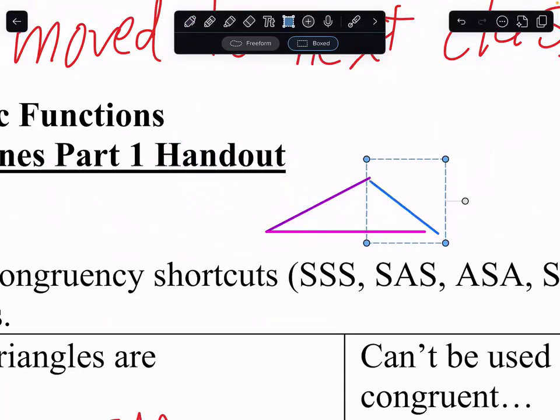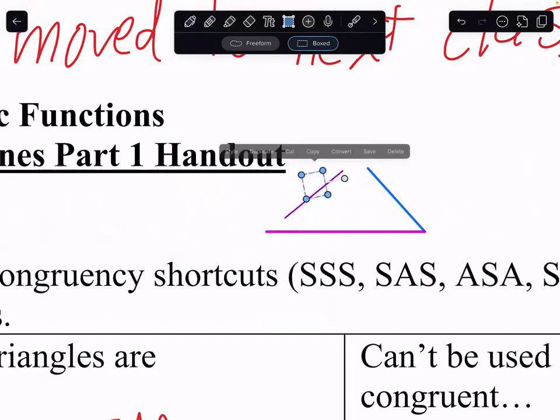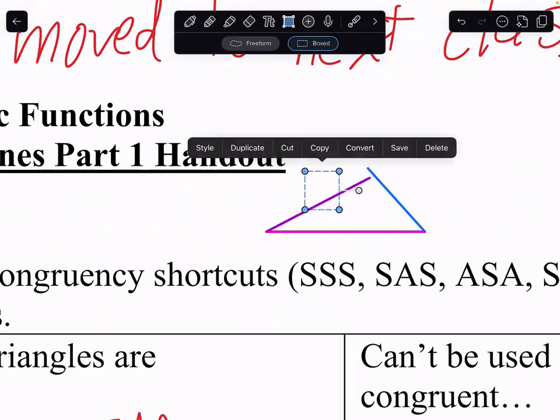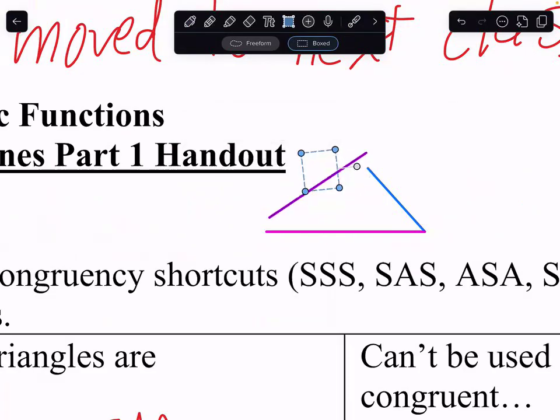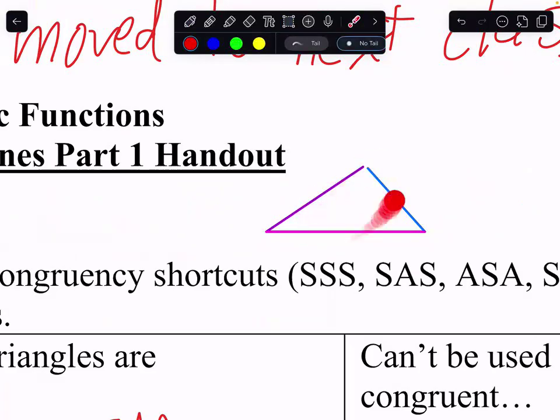Okay, and then over here, it still doesn't quite connect. So I need to alter this a little bit. Oh, sorry. Right, so you can see that there's not infinite ways to make the triangle work, right? It's got to be perfect. Okay, so I'm getting closer, right? I'm not going to take the time to do it, but yeah, there's only one way to make the triangle fit.